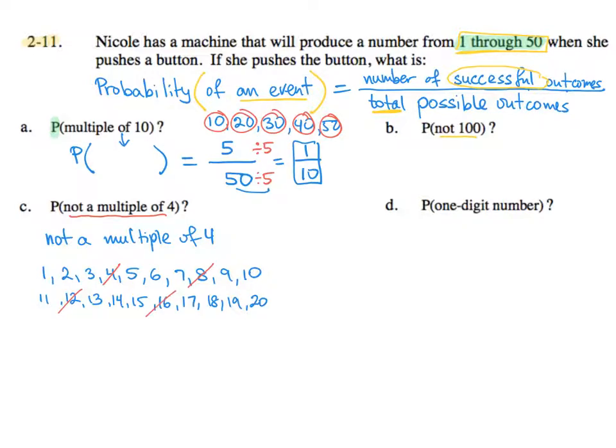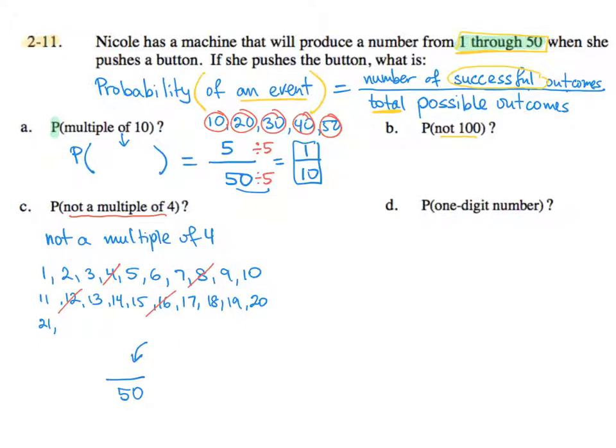The ones that we don't want, we're taking them away, and then count how many are not multiples of 4. That is just the idea for you to continue on your own. And again, the 50 is the total possible.